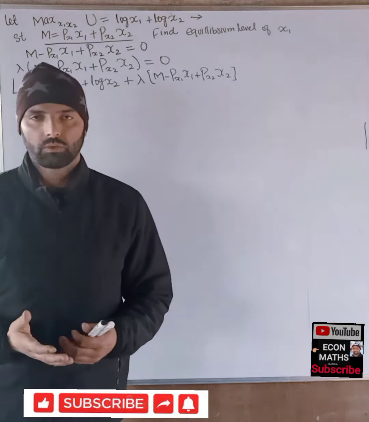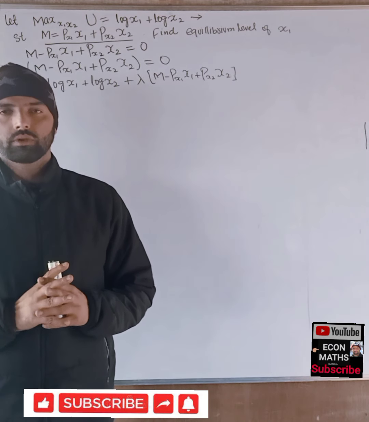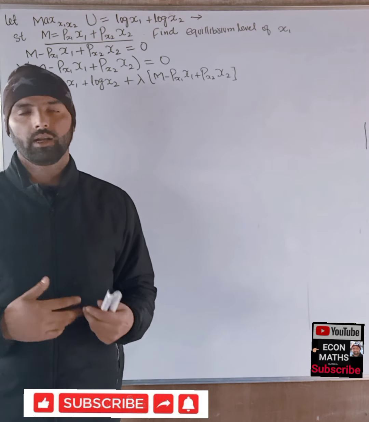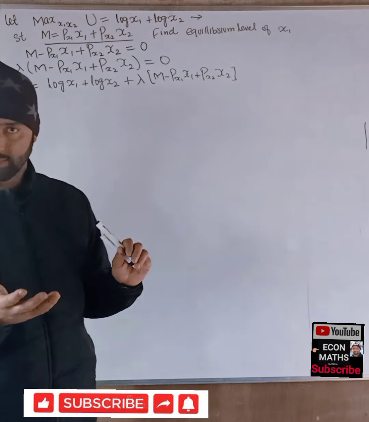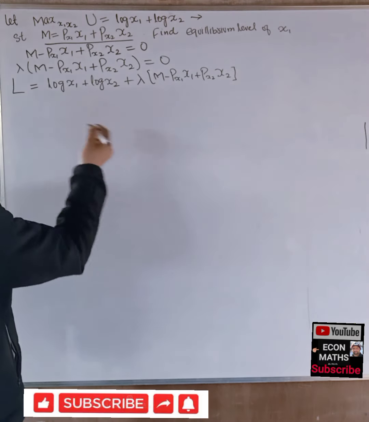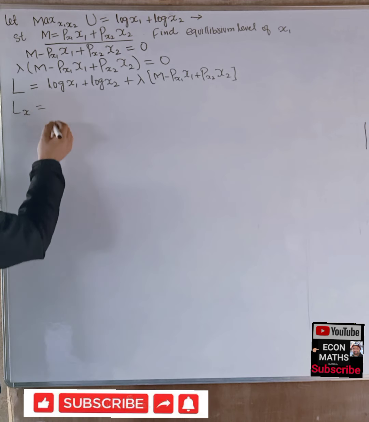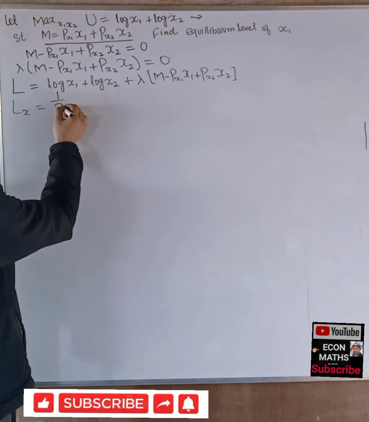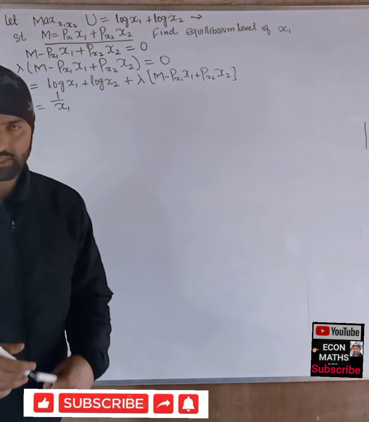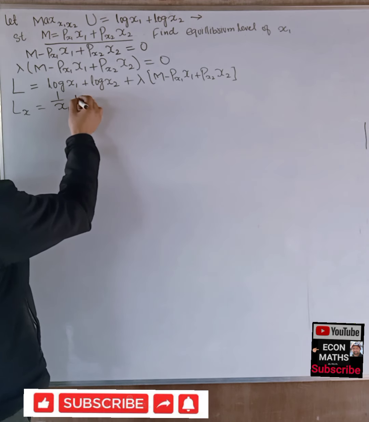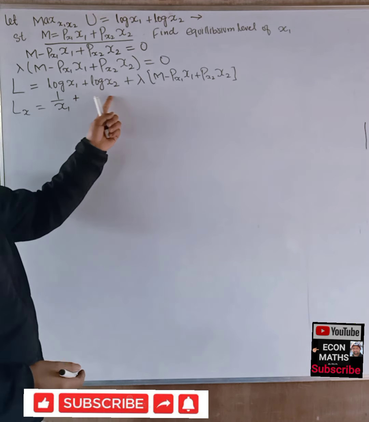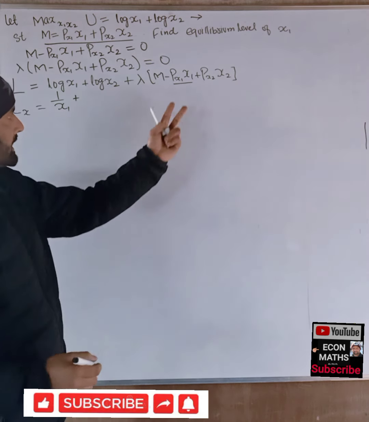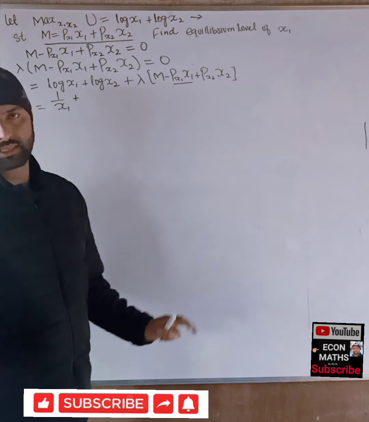To get the optimal values of x1 and x2, what will we do? We will partially differentiate this Lagrange's function with respect to x1, x2 and lambda, set them equal to 0 and solve them simultaneously. First we take the derivative with respect to x1. Here it will become 1 divided by x1, because the derivative of log x is 1 by x. Since there is no x1 in the log x2 term, it is 0 there. The x1 is also only in this one term, so the derivative of x1 is 1.